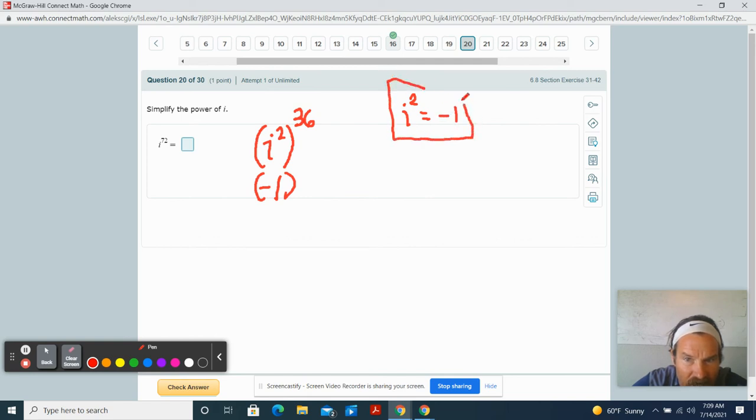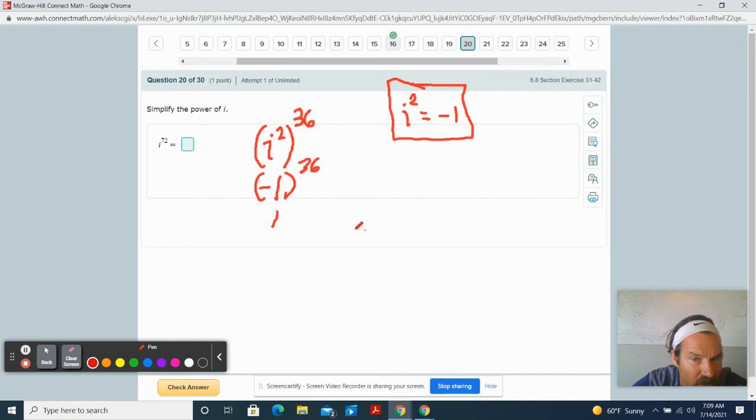You've got to drill that into your head, because as soon as you see I squared, you're going to think negative 1. And now negative 1 to the positive 36th power, an even power of negative 1, is just positive 1.